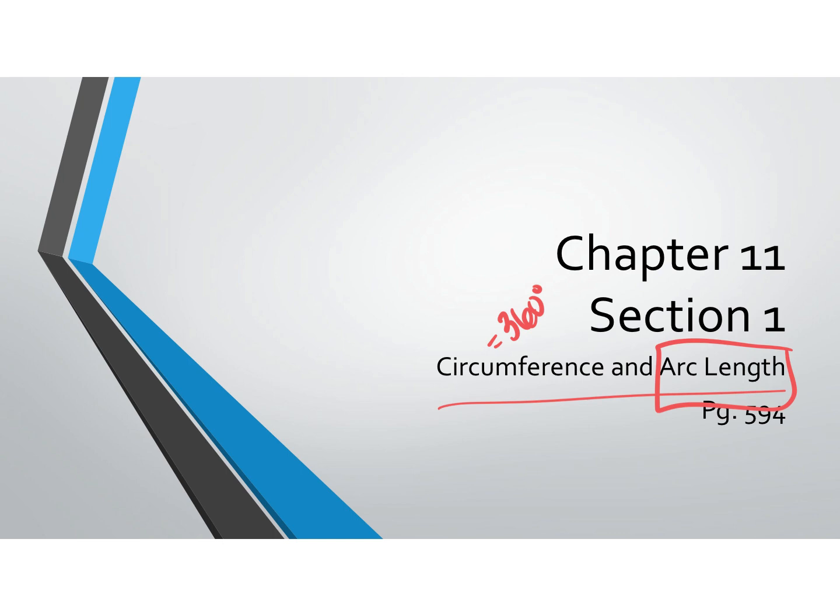What was an arc? Yeah, it was the edge, but was it the whole circle? No, it was a piece of the circle. So now an arc length is going to be a piece not of the 360, but of the circumference, okay? So it's going to be the length of the arc, the actual physical length in inches, meters, feet, whatever units, it's going to be the distance of an arc, okay?